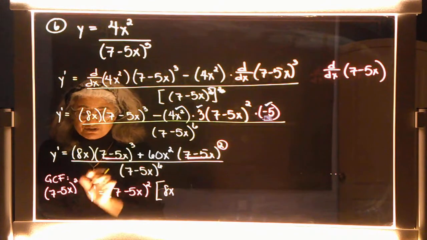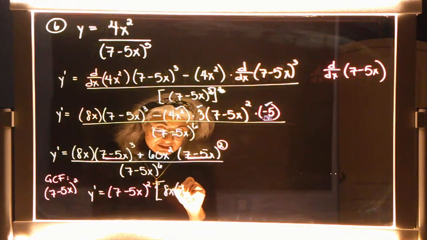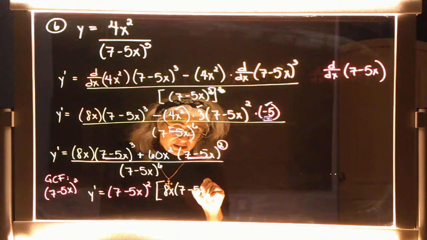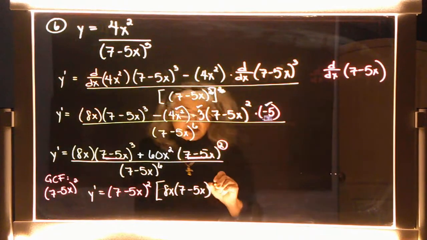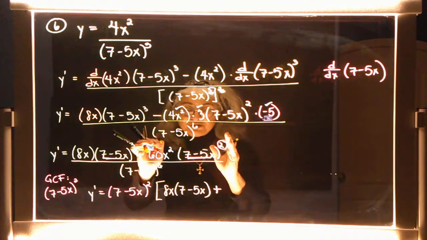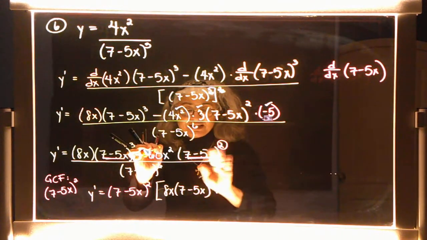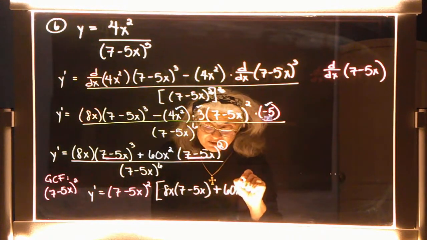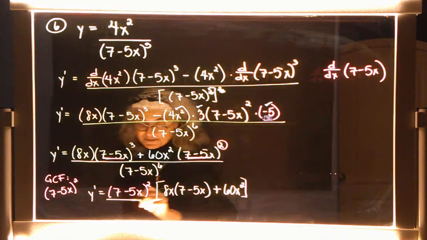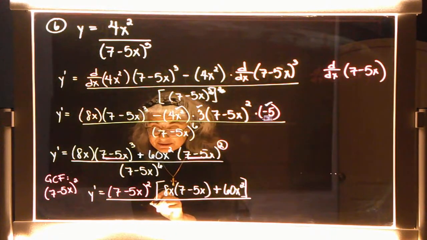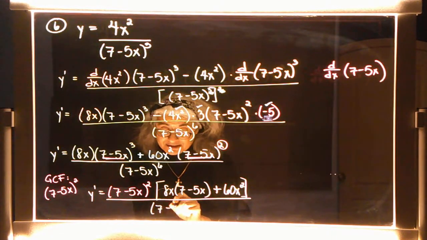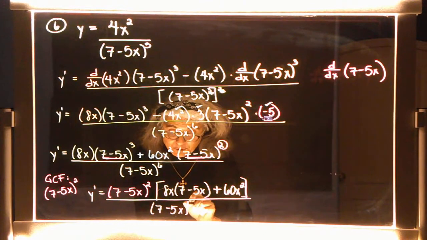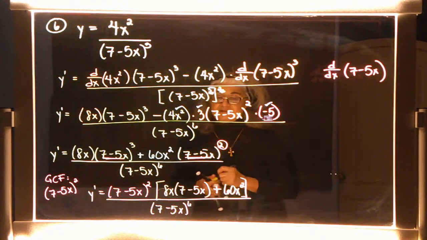There's 3 of them here, and you're taking 2 out, which leaves you 1 of them. Excellent. Plus, after the plus sign, you're taking all of these out, which just leaves you a 60x squared, right? All over (7 − 5x) to the whole thing to the power of 6.